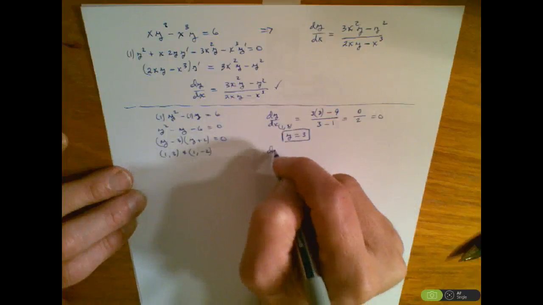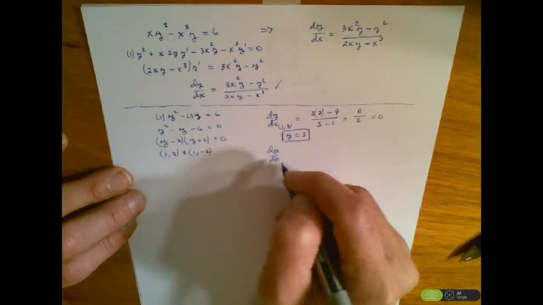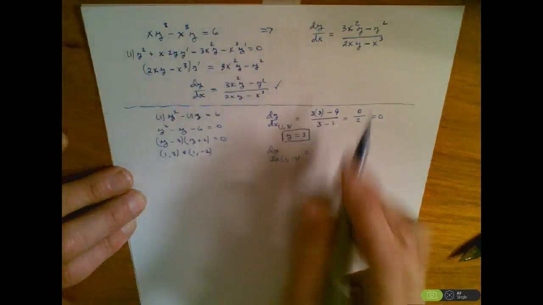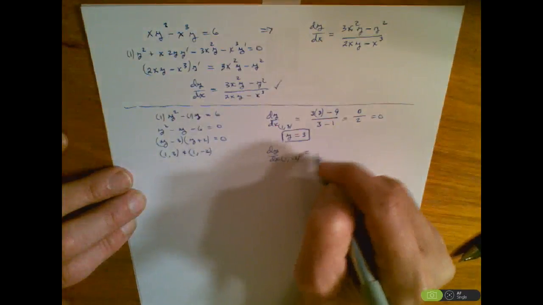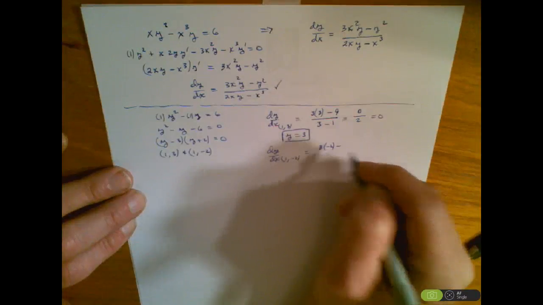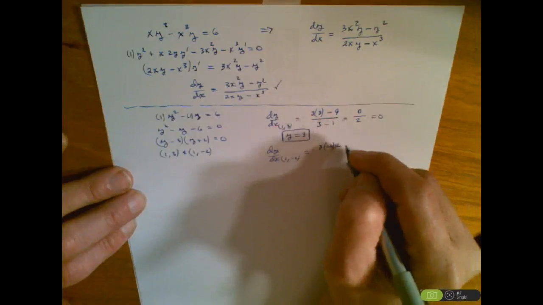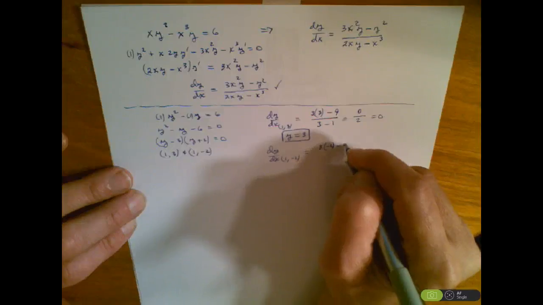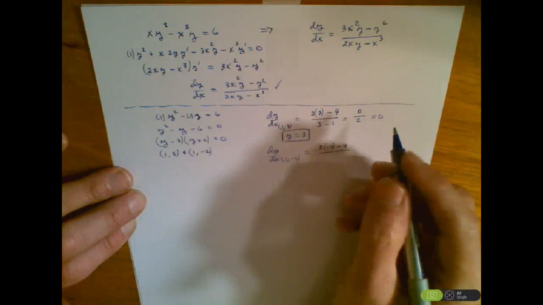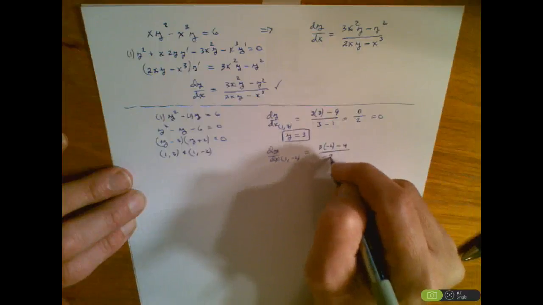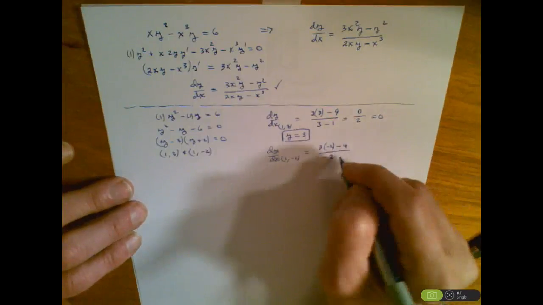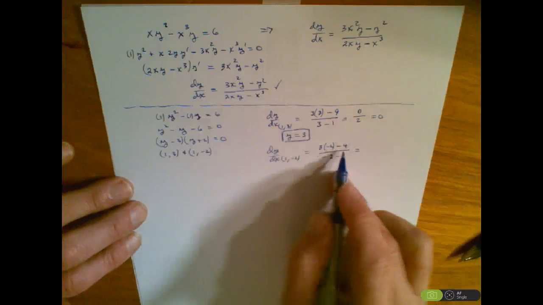Now let's determine the slope at the point (1, negative 2). So we'll substitute into our slope equation above. We get 3 times 1 again is 3, times negative 2, minus negative 2 squared, which is 4. And let's put that over 2 times 1 is 2, times negative 2 is negative 4, minus 1 cubed, which is minus 1.